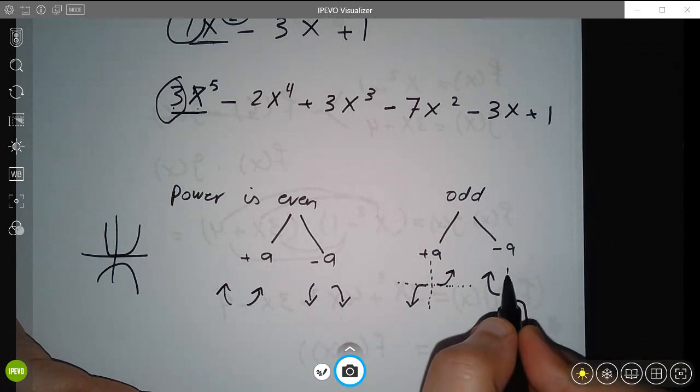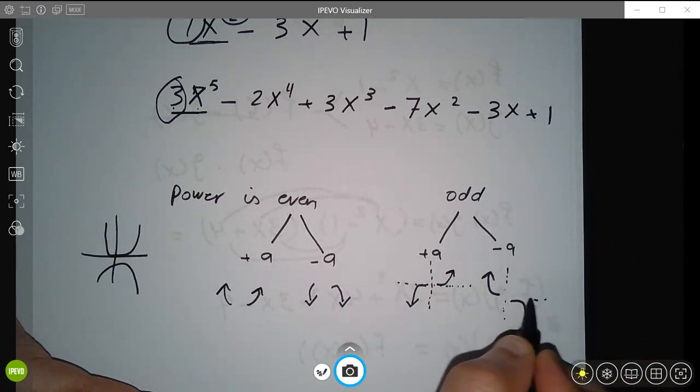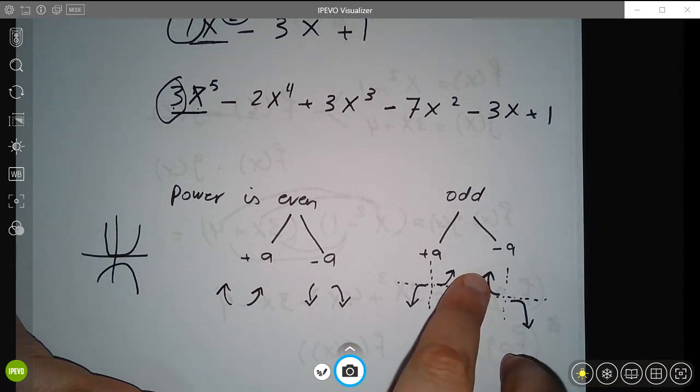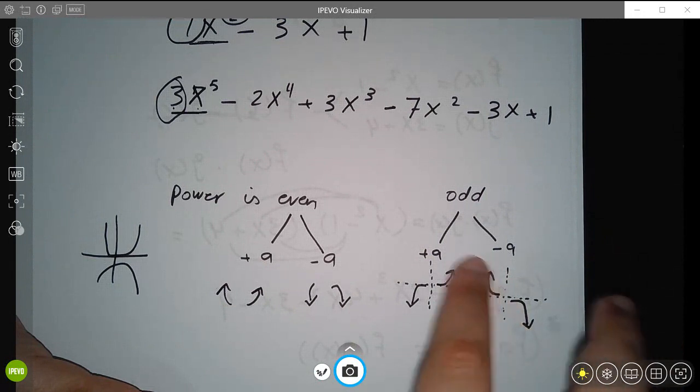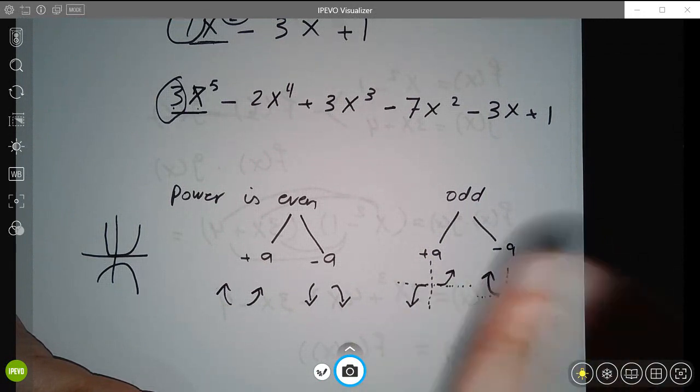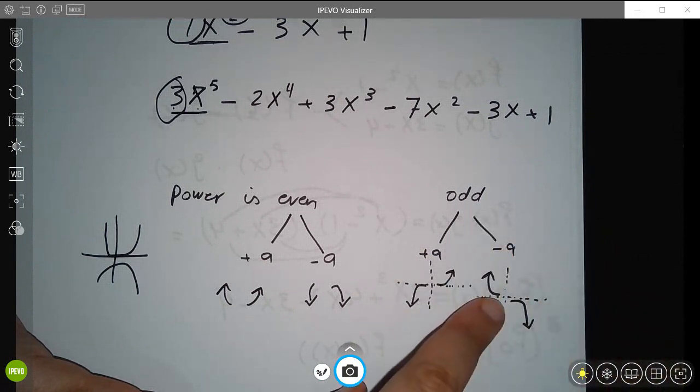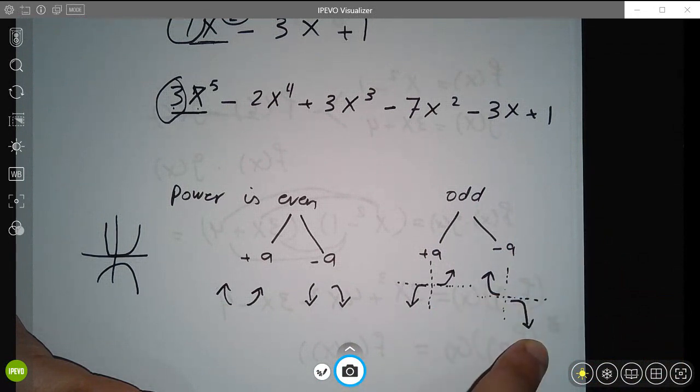So if I draw imaginary axes here, notice that it's increasing when x is negative, but y is still positive. Make sense? So x is negative, but the function is still increasing. So it's the opposite of what the x is. Over here, x is increasing, but y is decreasing. So that's the only way you can really tell.